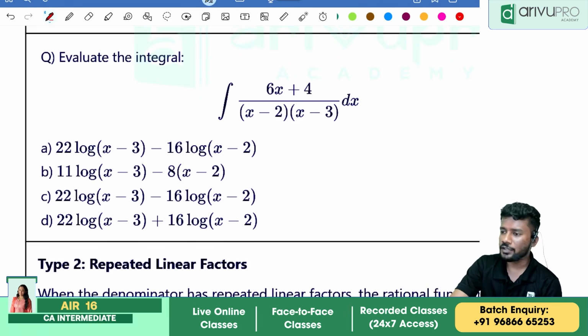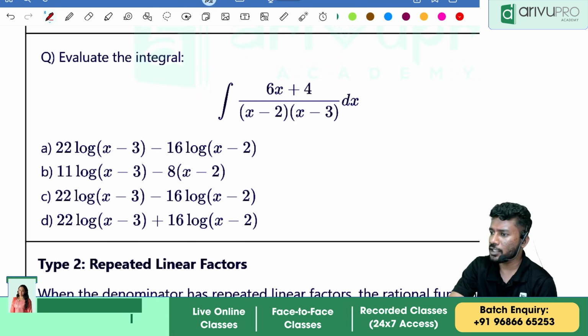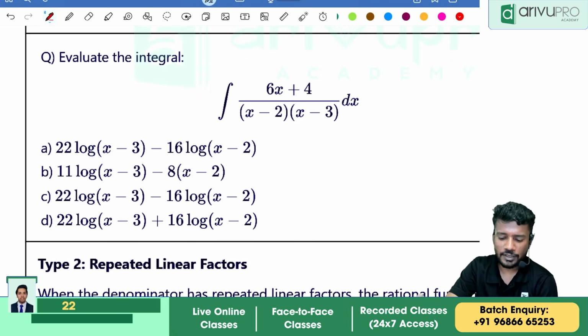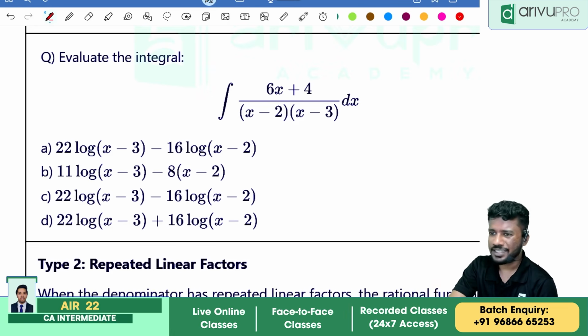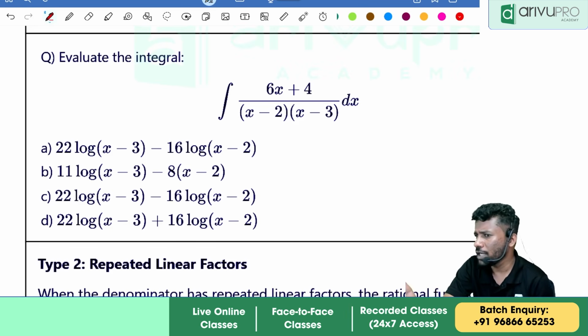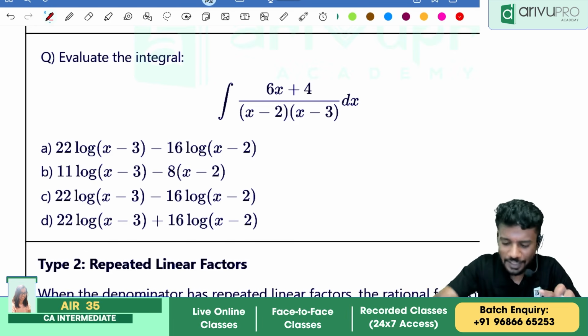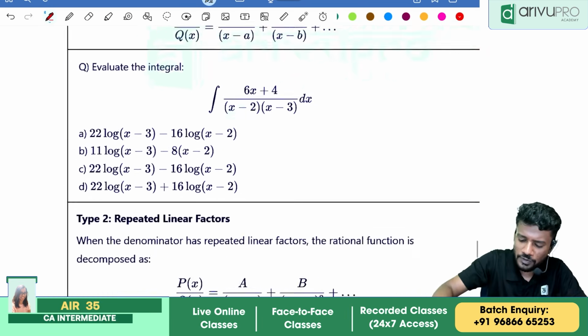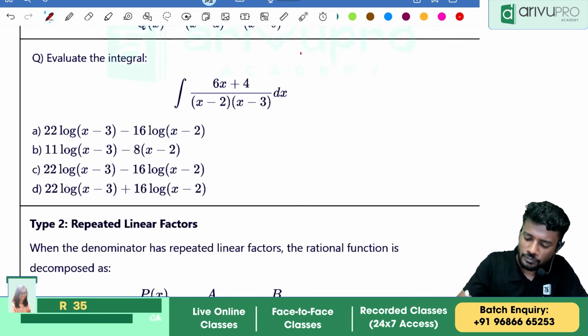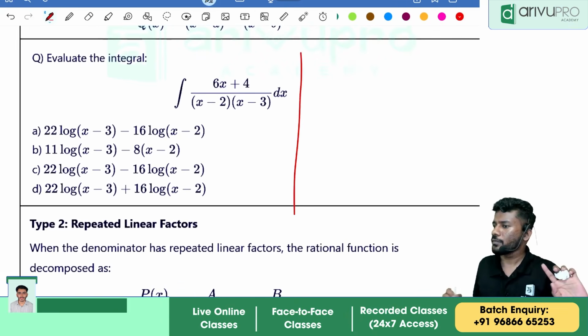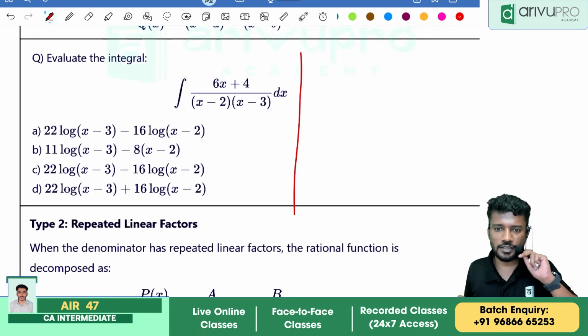Because if you take the derivative of the options, you will get the question. Anyway, both take time to solve. So solve anyway, both are fine, but we will solve one. Look here. Rest of it you can follow the steps I have mentioned.